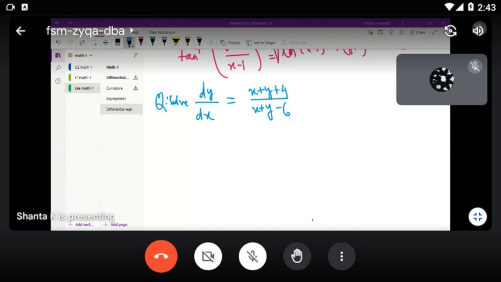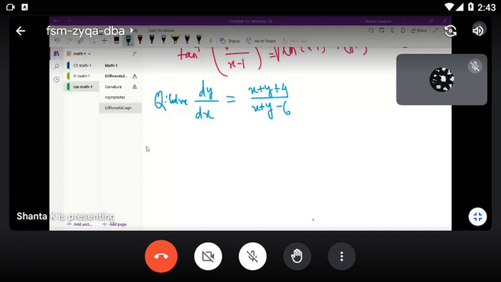You see here the ratio of the coefficients of numerator and denominator, the x coefficient and y coefficient ratio, is 1. So the lines are parallel. So we will put x plus y equals z.